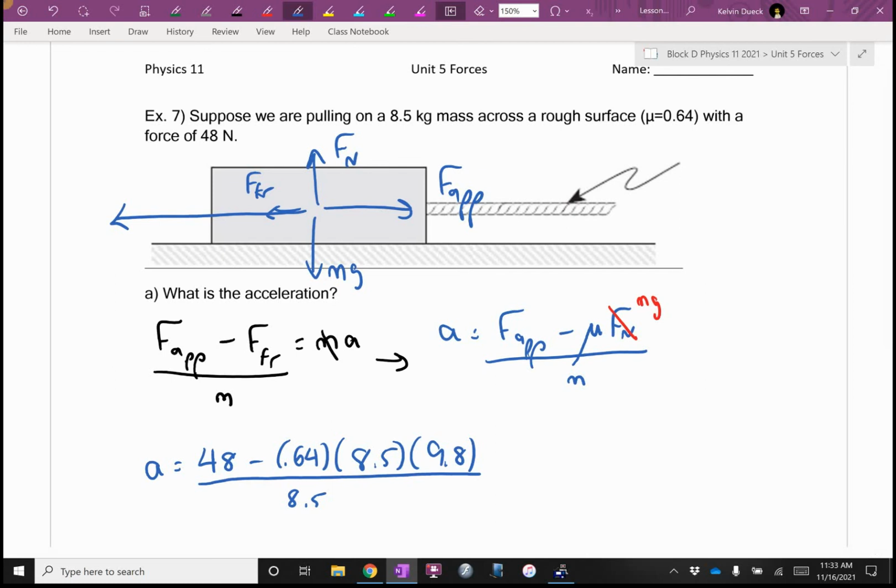And then I'll do this in red. F applied, winner or loser? Put a minus in front of it. Friction, winner or loser? Put a plus sign in front of it. And if there were more forces, I would continue to walk through my equation and just ask, which ones do I need to adjust? Which ones don't I?